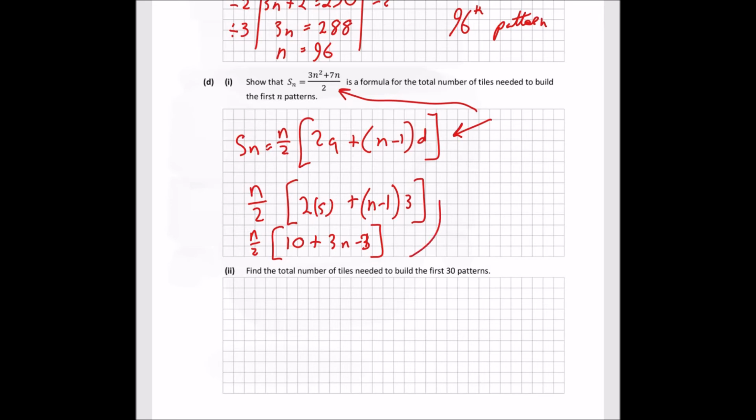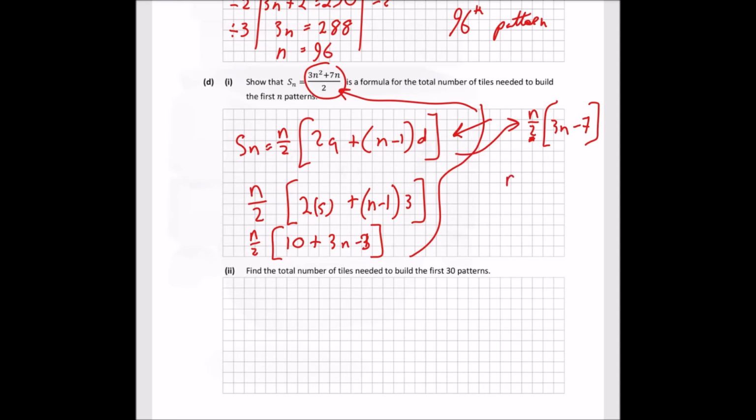Okay, again they're not giving me much room, so I'll do it over here. So we have n over 2. We have the 10 minus the 3, and then 3n, so we have 3n plus 7. And we need to make this look like this. Well, first thing we'll do is we take that 2 and we put it all over the 2. Okay, we can do that.